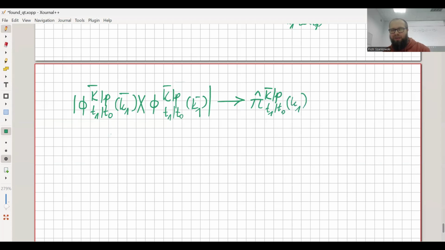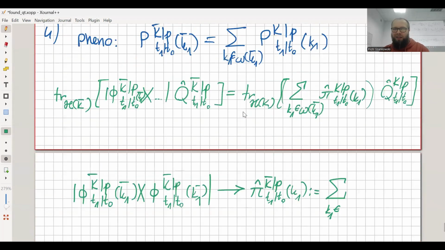So all projectors in this K space will be small phi. That's the same as a projector on the right hand side of our phenomenological law.